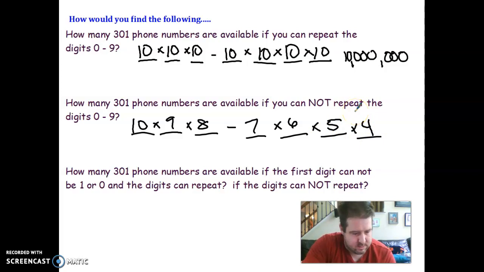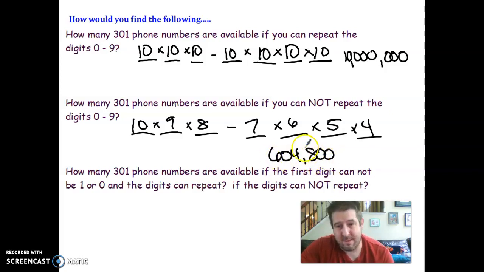So 10 times 9 times 8 times 7 times 6 times 5 times 4. That gives us 604,800. That is a significant difference. That's not even 1 million, and the last one had 10 million outcomes. So just taking away the repeating made it a lot fewer outcomes.